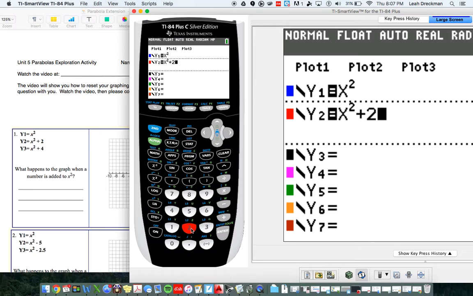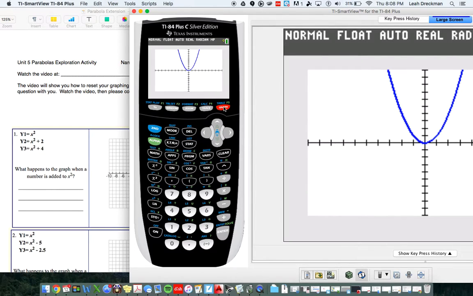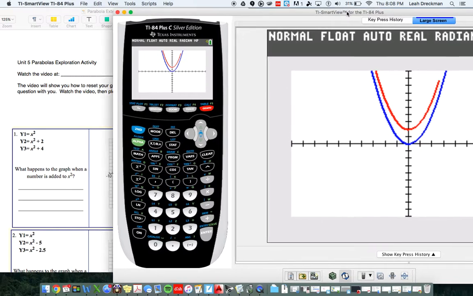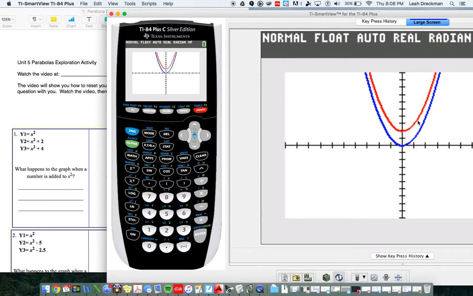In other words, it's going to take all of the output values, and after you square your input, it will add 2 to all of those, which will affect all of the outputs by, we'll see what happens here. See how everything just moved up 2 units? If you look vertically, every point moved up 2 units.